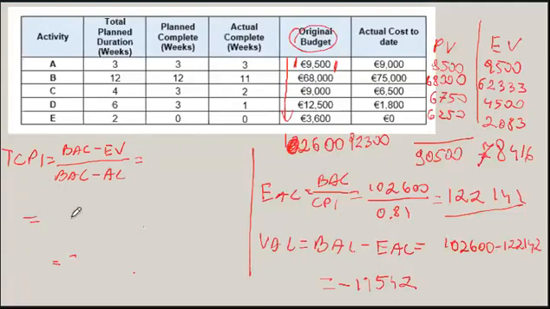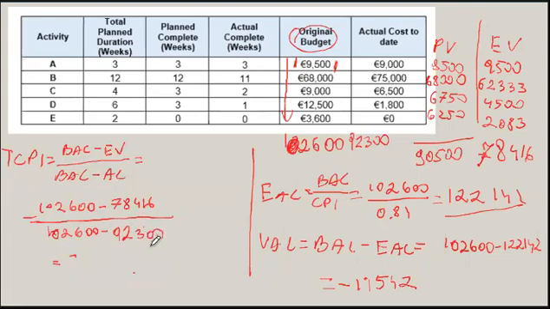So in this particular case, our budget at completion is 102,600. Earned value is 78,416. And divided by 102,600 minus 92,300. That's the actual cost, 92,300.